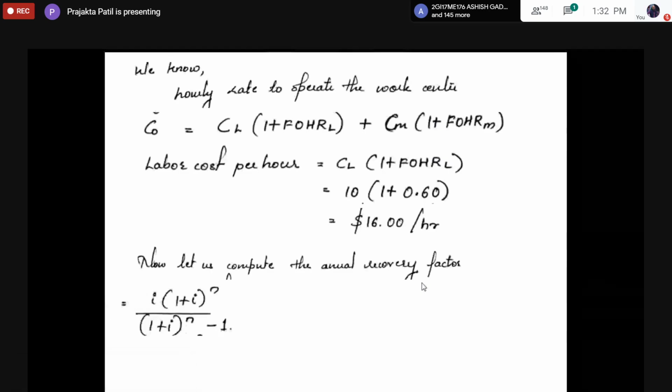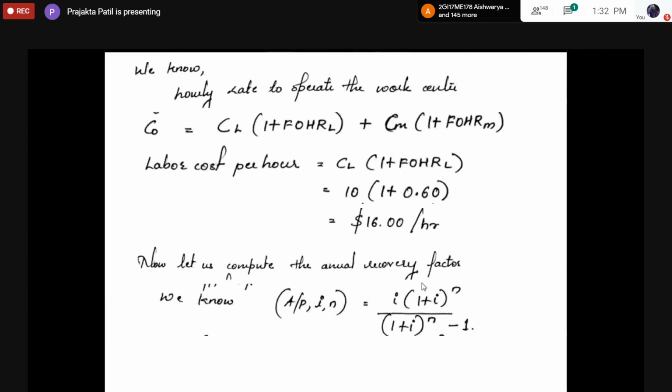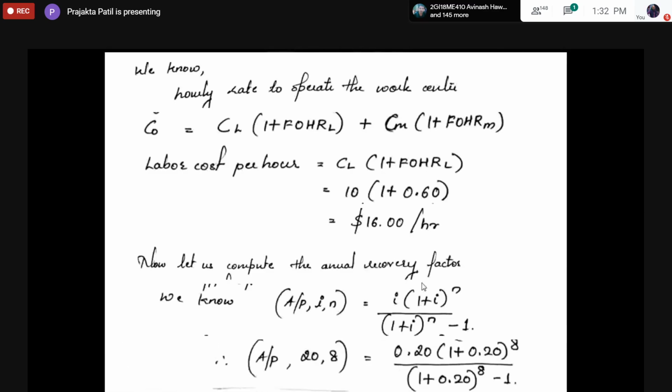We have this equation, where we know I and N. I is 20% and N is 8 years.